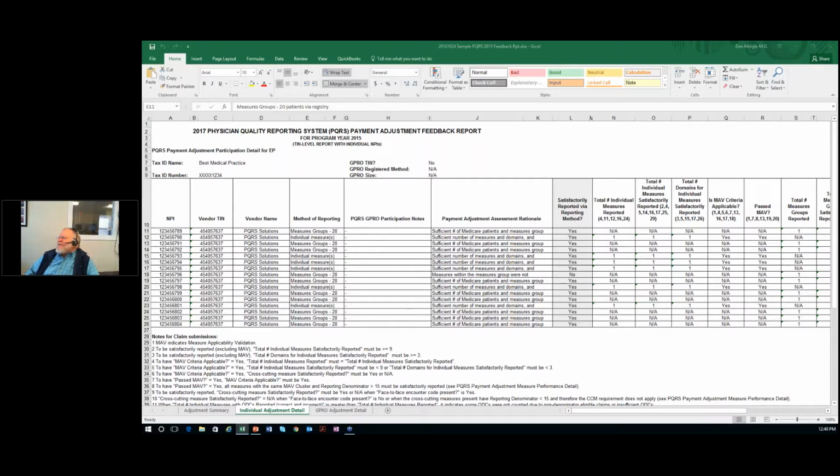Again, the hard part about those administrative claims measures, both costs and these hospitalizations, is that they attribute to you because the patients are attributed to you, but the decisions that go into higher cost or hospitalization may not have been made by you.